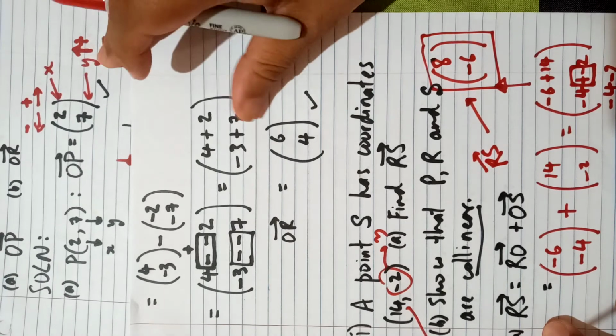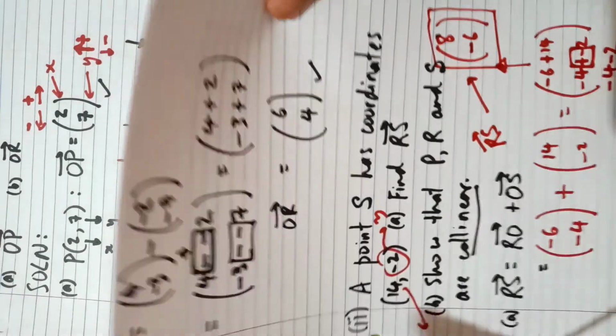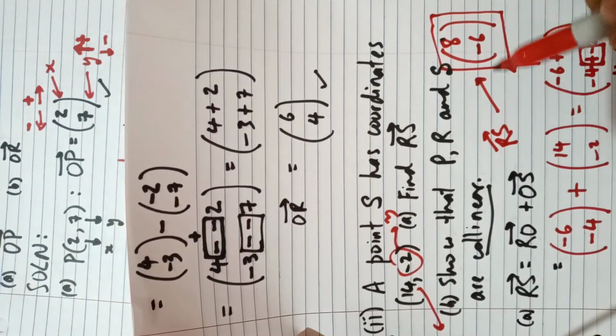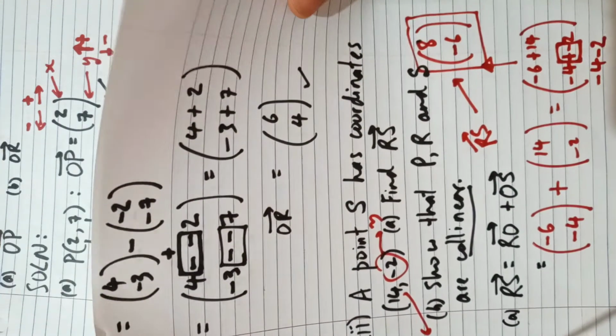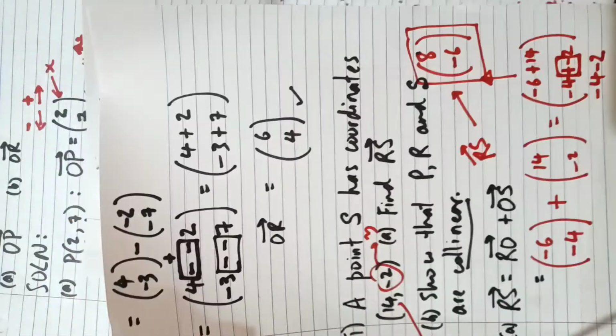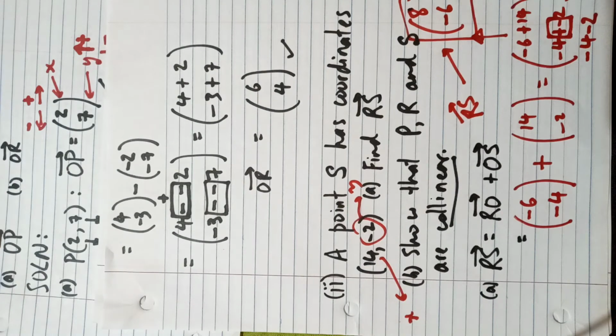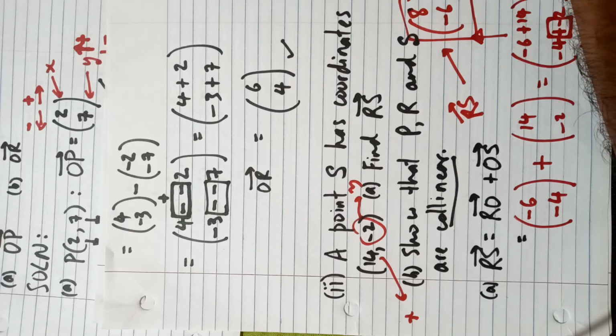Alright, last part of the question. The last part says show that P, R, and S are collinear. So let me give you a little view of what's happening. I'm wondering if I can answer this question on my notepad.